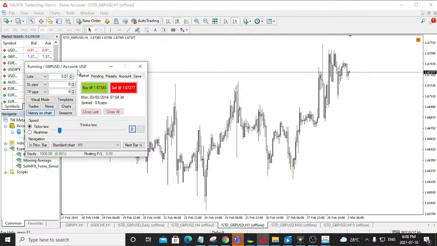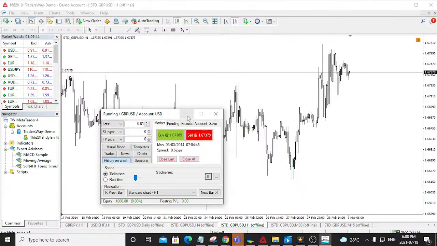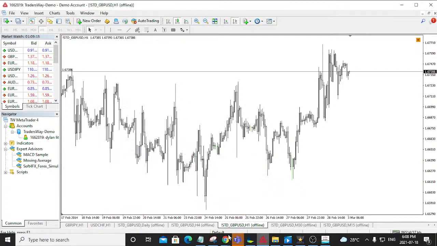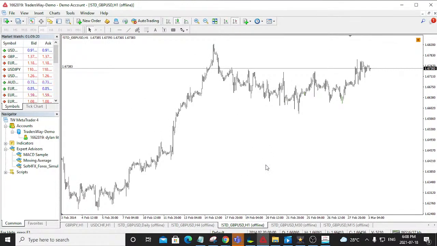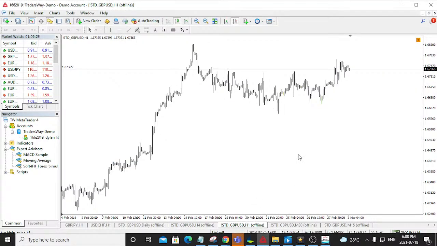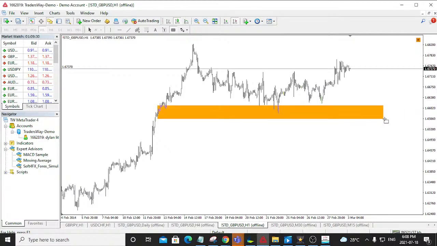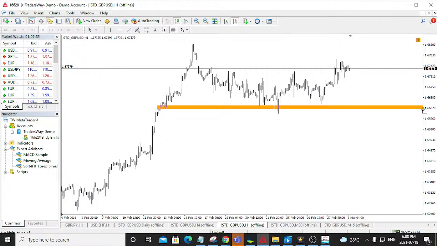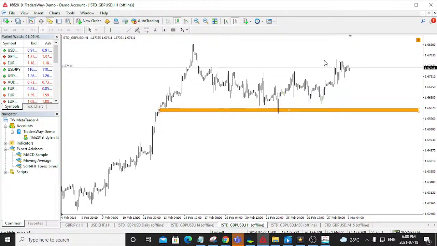From an overall perspective, I can see that it's rejecting like this. So this might be a place where price might want to visit, since we're in this overall range.